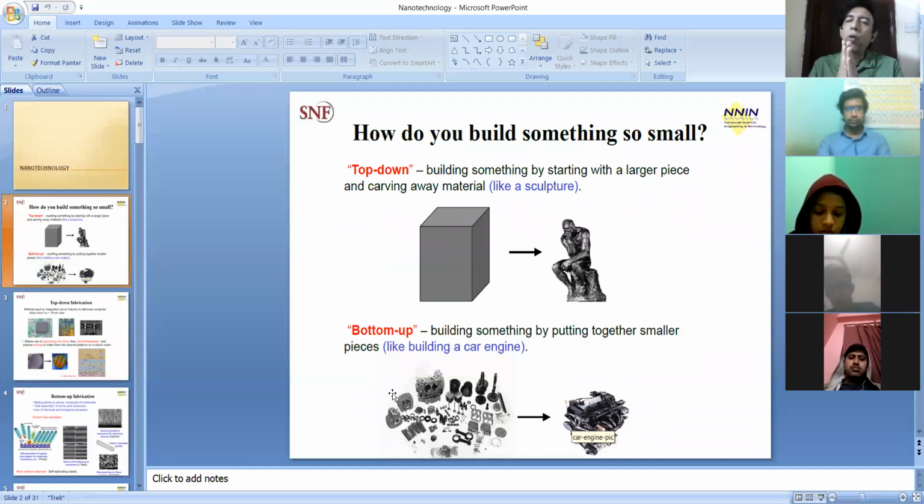So a nanomaterial of 1 nanometer length consists of 5 atoms. A nanomaterial of 10 nanometer length consists of, say, 50 atoms. So if we arrange 50 atoms together one by one, then it is a nanomaterial.